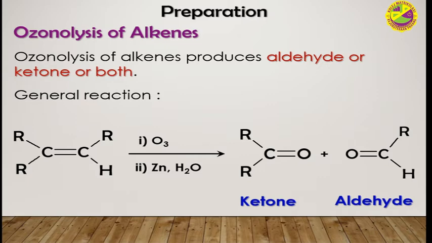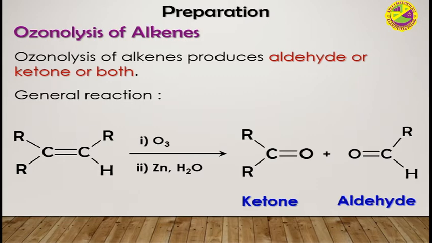We have an alkene. If this alkene undergoes ozonolysis with O3 followed by zinc and H2O, we will get ketone and aldehyde. It is fairly easy to predict the product of an ozonolysis.